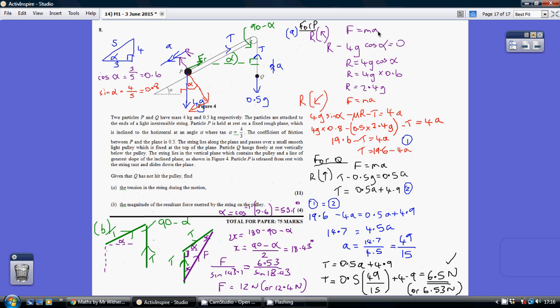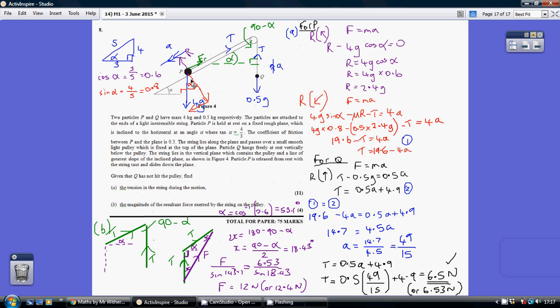So F equals ma, and I'm resolving perpendicular to the slope, and I'm resolving upwards. So my normal reaction is going in that direction, and I need this component of the weight, so that's my adjacent side, so that's cos alpha.